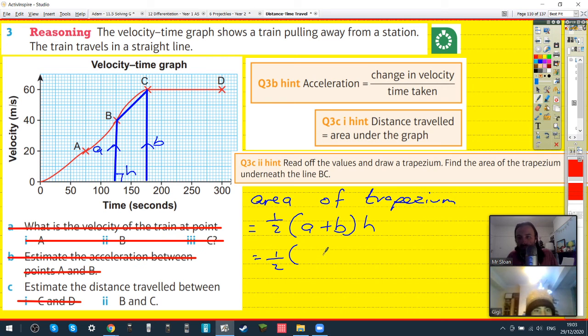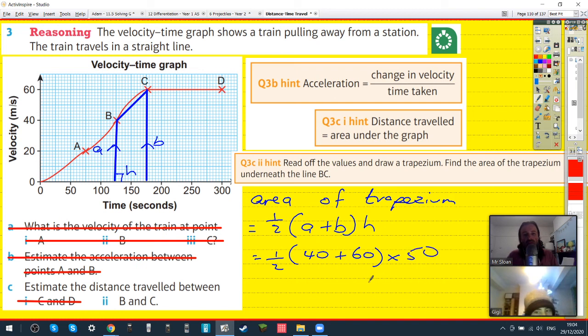A is 40. B is 60. H is not sure. I think it's 125 to 175. Oh, 50.